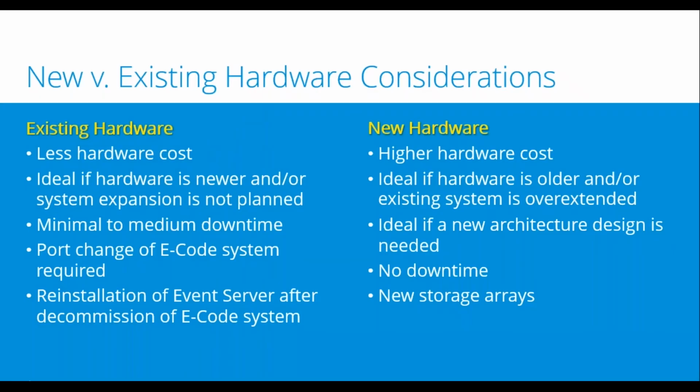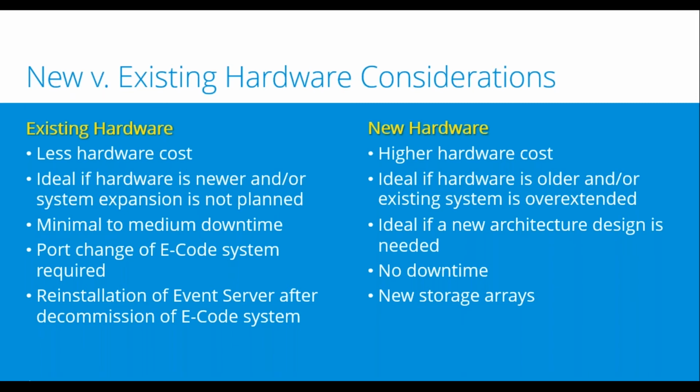So when you're migrating from E-code to C-code, you have to look at a couple of different options. If your hardware is as old as the software, it would probably make sense to replace the hardware with new hardware and have a fresh start. New hardware, new software, everything's golden. But if you just recently replaced your hardware, it may not make sense.